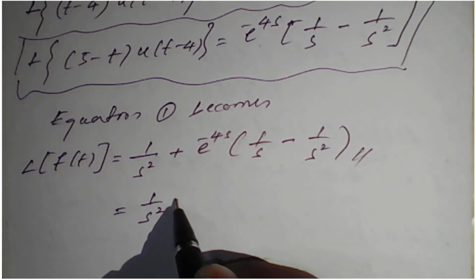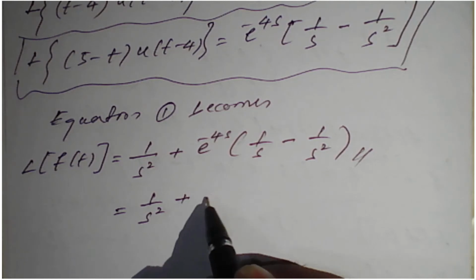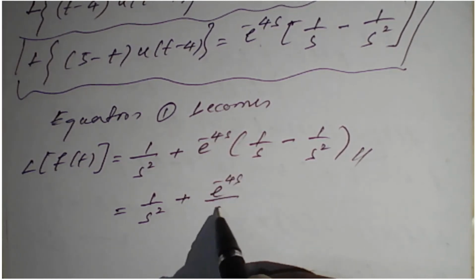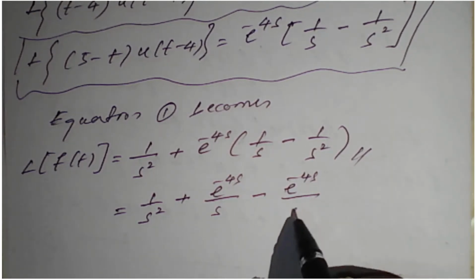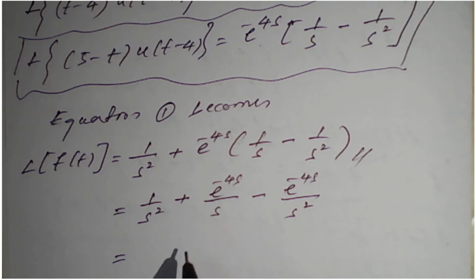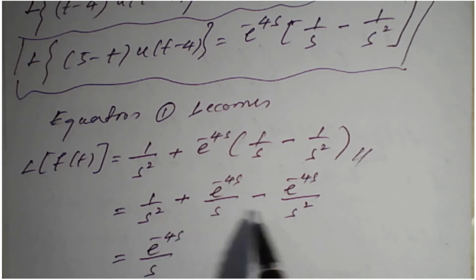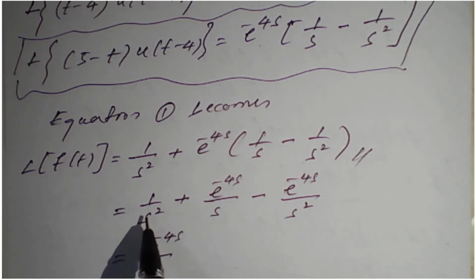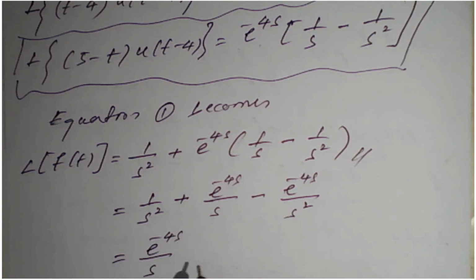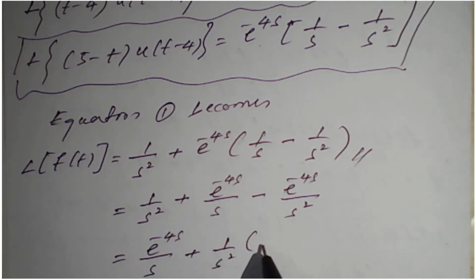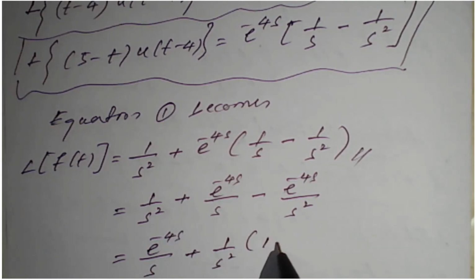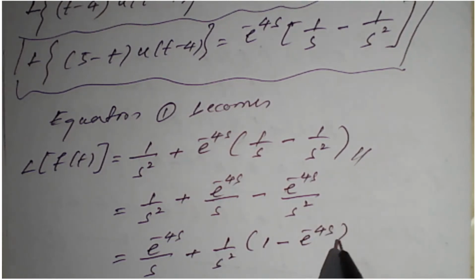So 1 upon s square plus, opening the bracket, e raised to minus 4s upon s minus e raised to minus 4s upon s square, or I can rewrite it as e raised to minus 4s upon s, middle term first, then for the first and the third term you can take 1 by s square common, so we get 1 minus e raised to minus 4s.